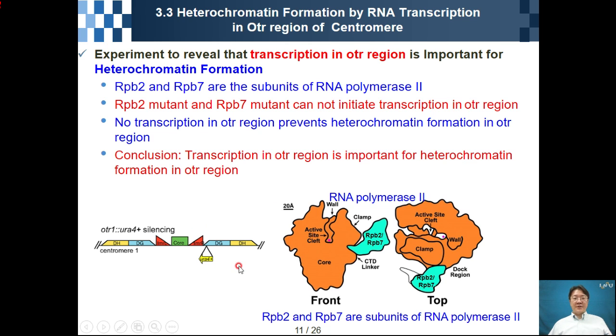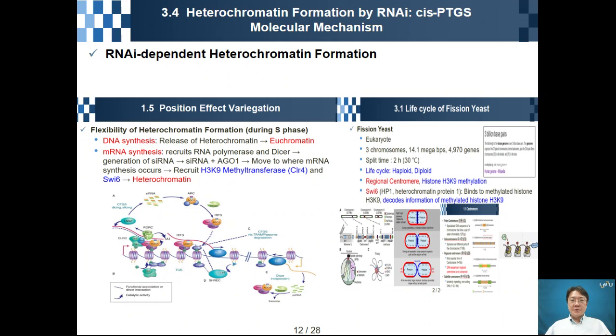So through this experiment, we revealed that transcription in the OTR region is important for heterochromatin formation, especially in the OTR region. Okay. So in this slide, I'll explain the fourth subject.